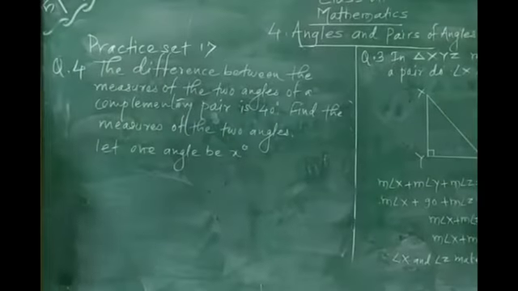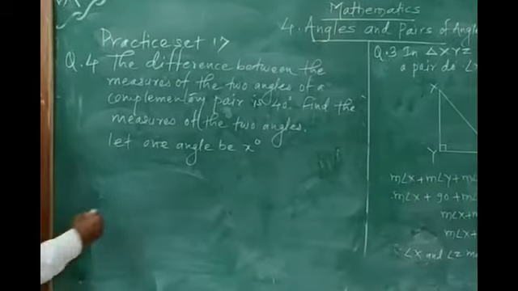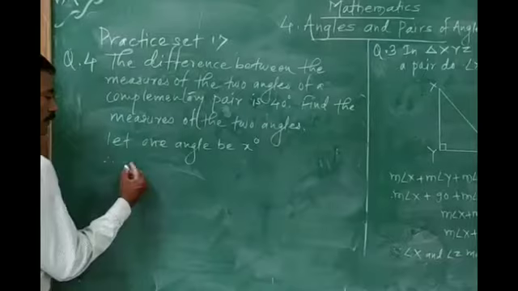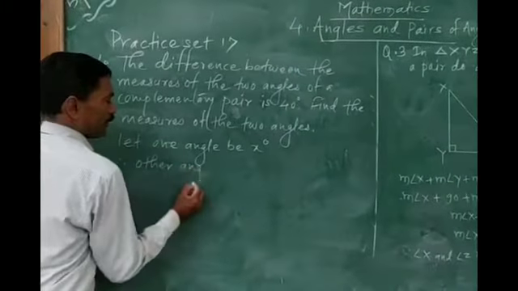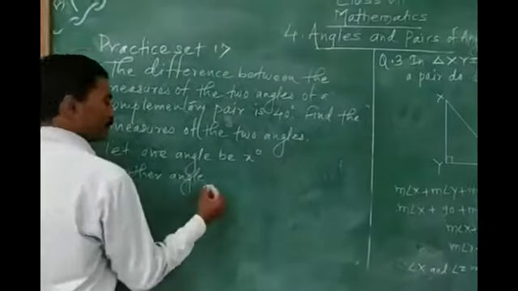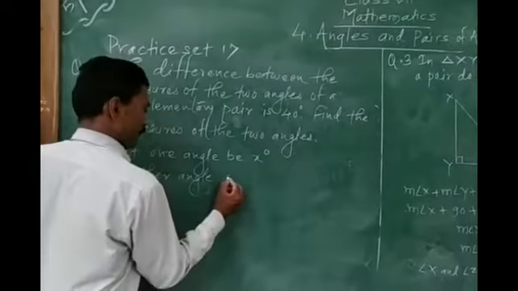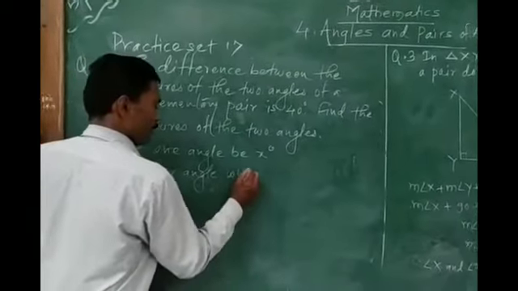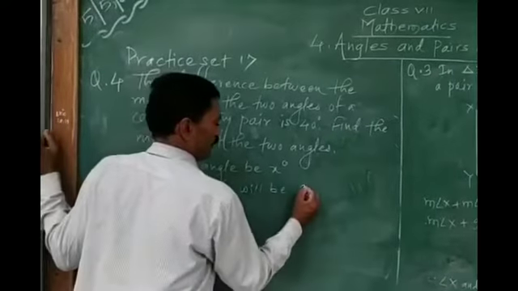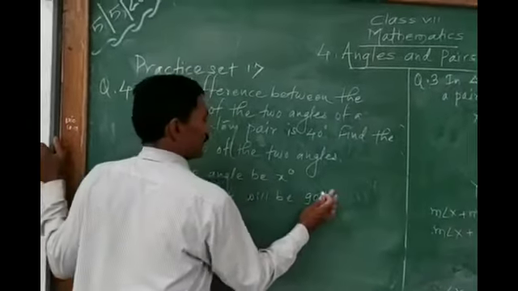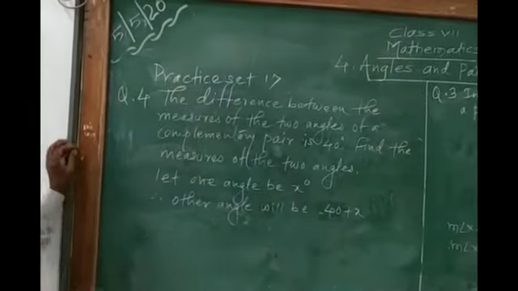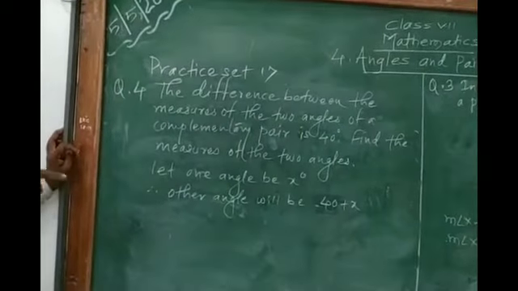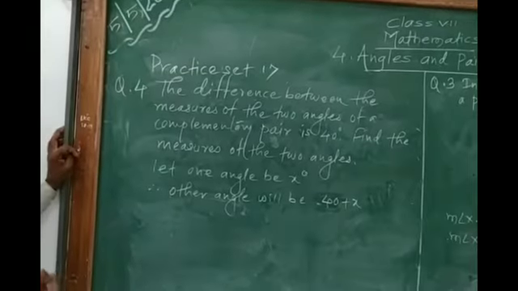We don't know this measure, therefore we say x. And therefore the measure of the other angle will be 40 plus x. The difference is 40, therefore one is x and the other is 40 plus x.